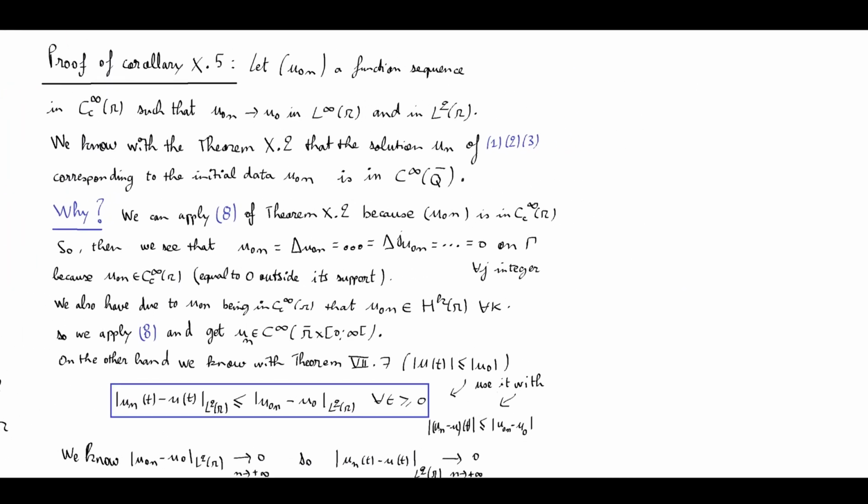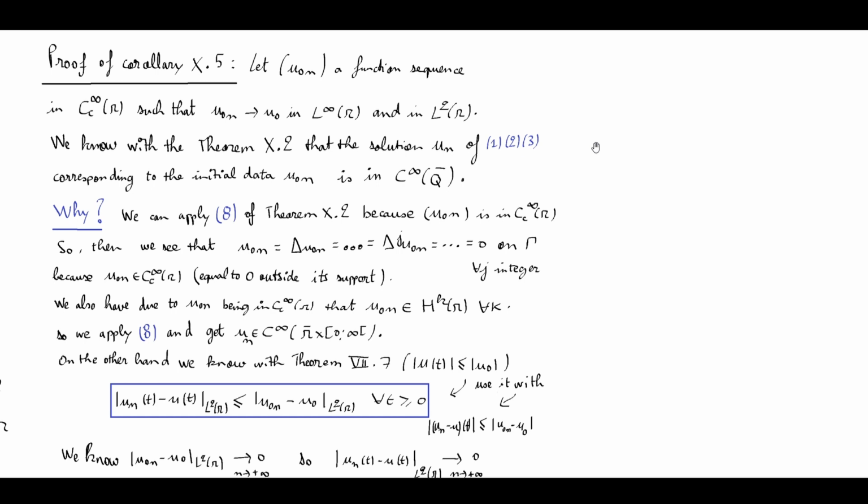Now, we prove the corollary 10.5. Let u0n be a function sequence in the set of C infinity functions with compact support on omega such that our sequence converges to u0 in L infinity of omega and in L2 of omega.